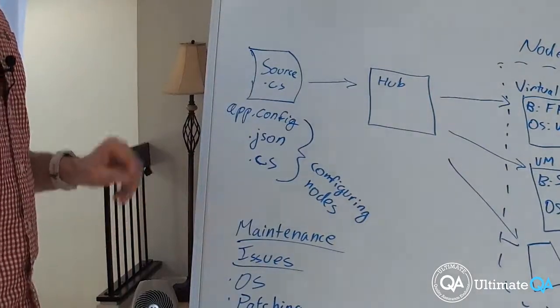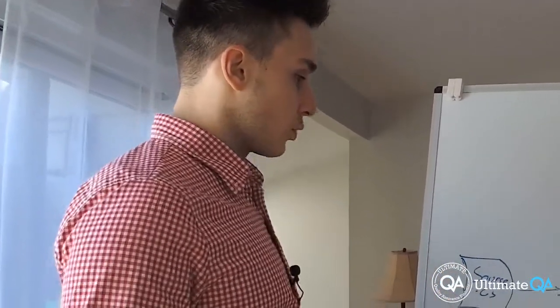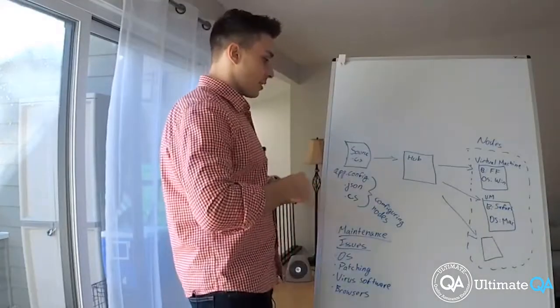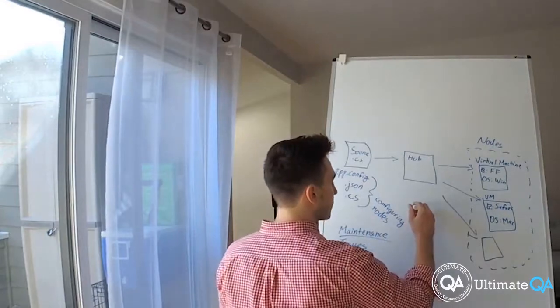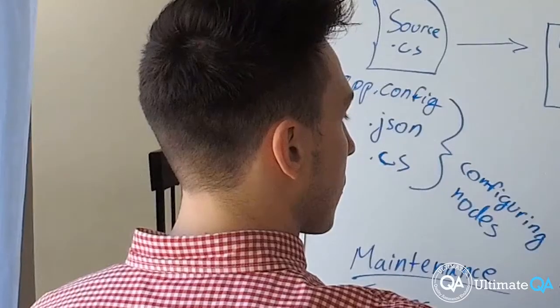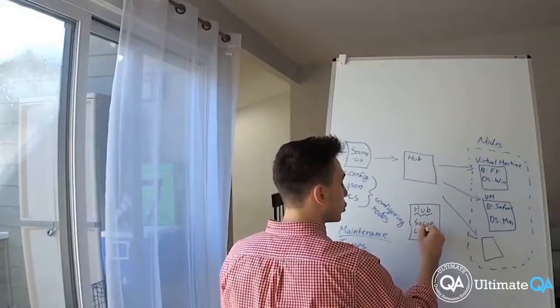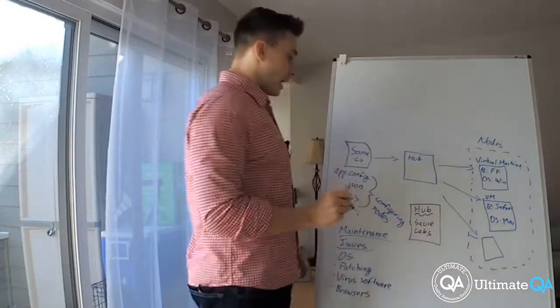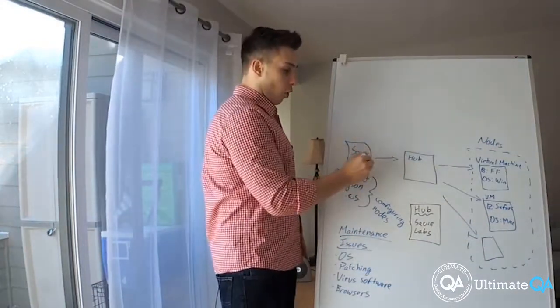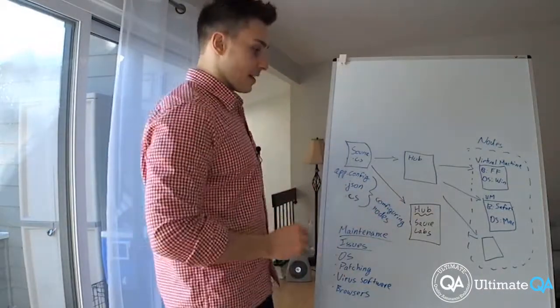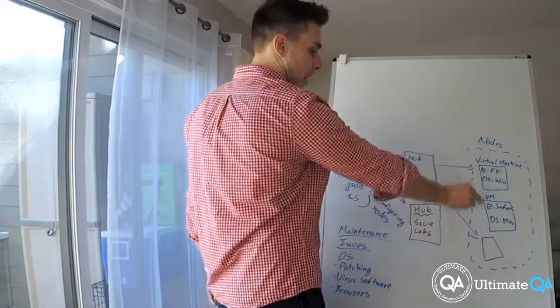You're going to have to do all of that if you're going to maintain your own nodes. However, with Sauce Labs, they make it much easier, because Sauce Labs would basically replace your hub. This will be a Sauce Labs hub, which lives in the cloud. And so rather than you pointing at your own hub, you're going to run in a Sauce Labs hub, and then they're going to maintain all of the VMs for you.